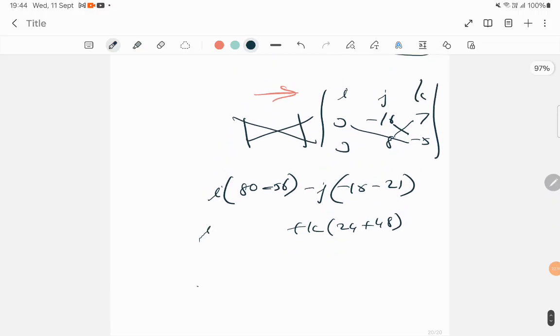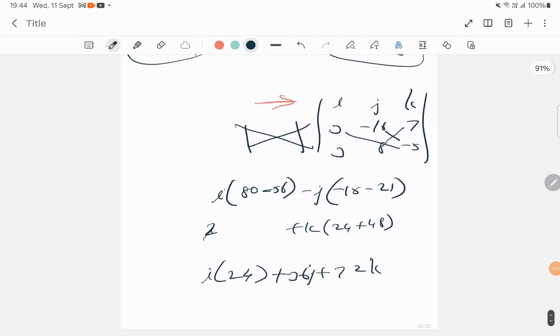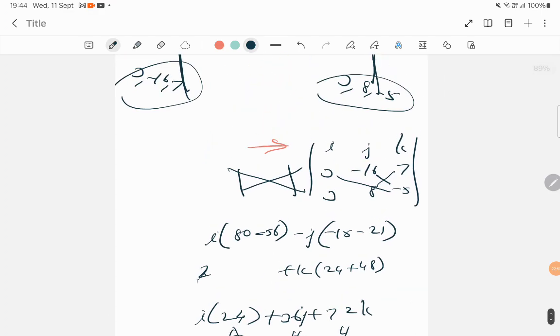Just get these values. What are these? It is 24 and 36 and 72. Okay. So this value that you get is your ABC.